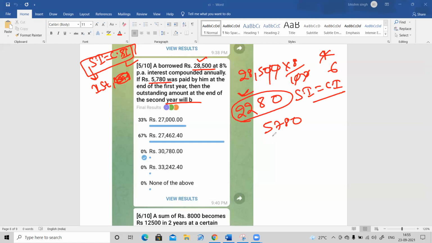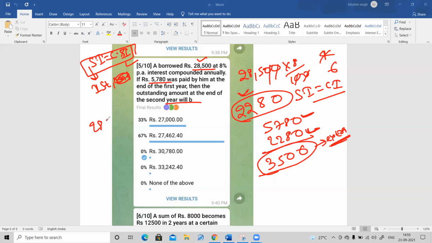That the bank will deduct from the principal also. He paid 5780, and his interest is 2280. So 3,500 rupees he paid extra. So that will be deducted from his principal amount.